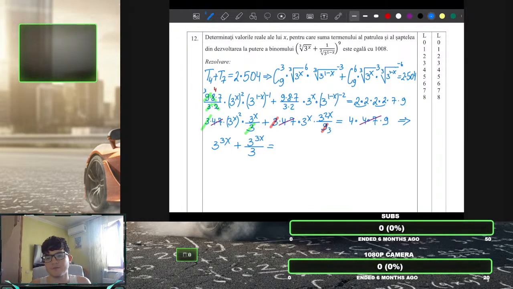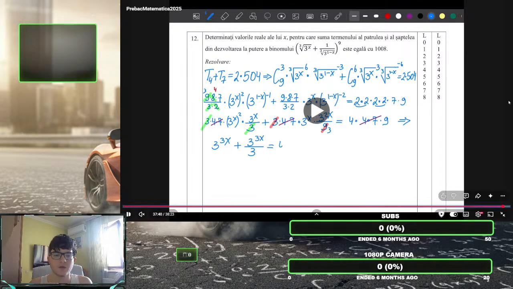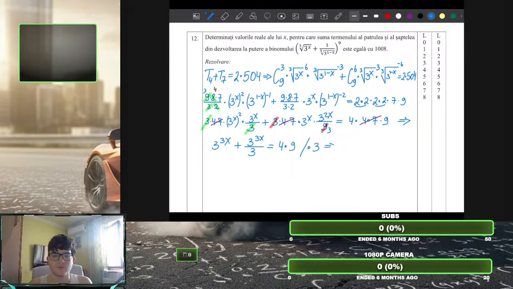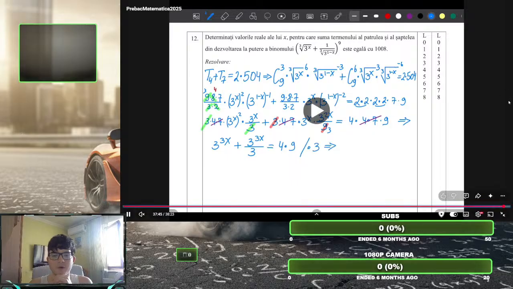Okay, so we got that equal with essentially 36. So basically this resolution here is super geeky. 36 times 3. First one is gonna be 9 to the power of 3x. But actually we cannot multiply like this, so it's just 3 right there.